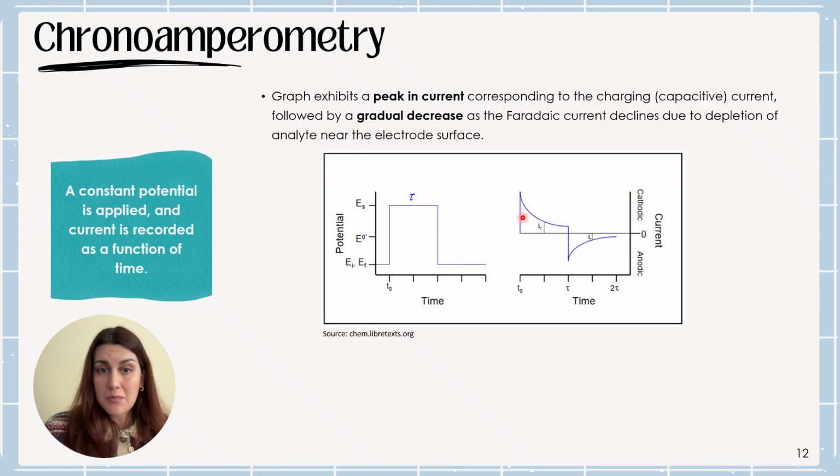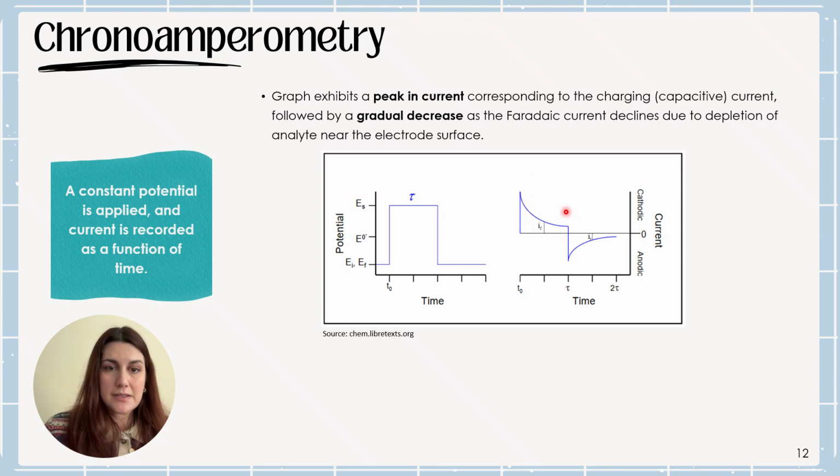At the same time, if the new potential drives a redox reaction, a Faradaic current also begins to flow. However, as the reaction proceeds, the electroactive species near the electrode surface becomes depleted. Since the reactants must now diffuse from the bulk solution toward the electrode, the reaction rate becomes diffusion controlled, leading to the characteristic decay of current over time.